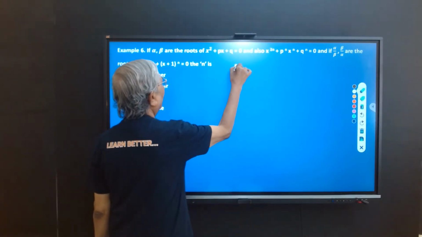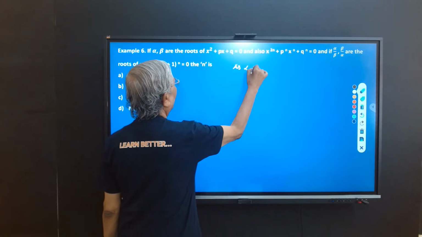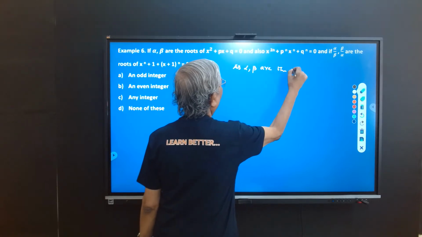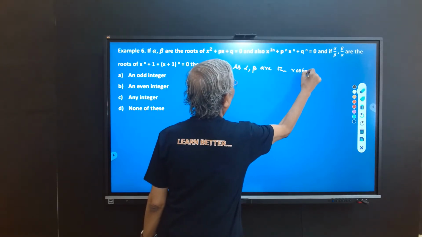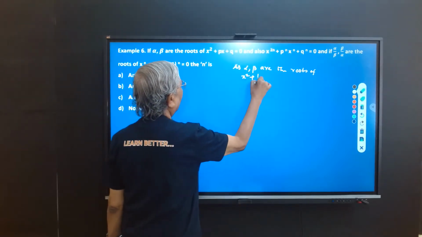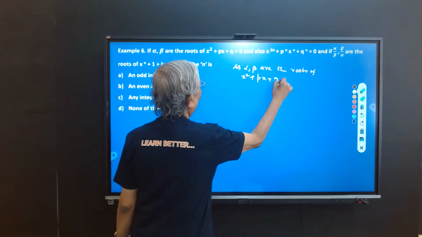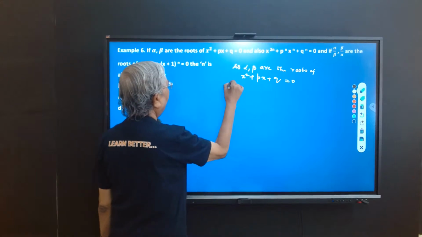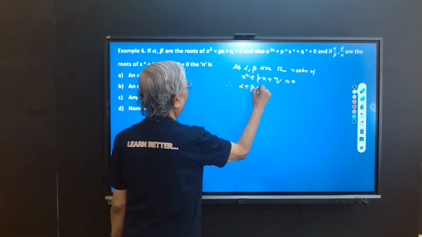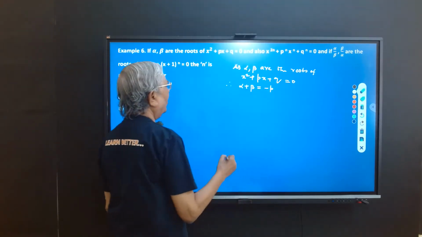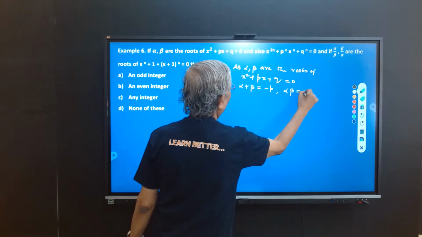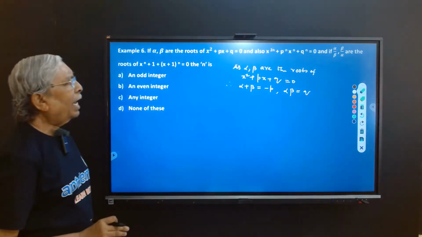Therefore, alpha plus beta equals to minus p and alpha beta equals to q. Sum of the roots and product of the roots.